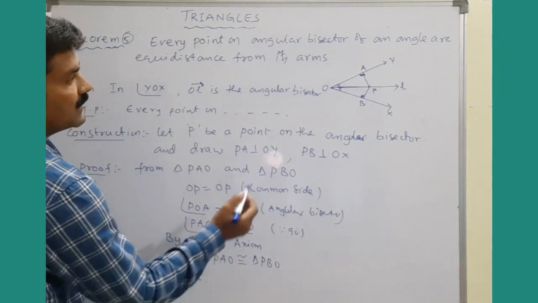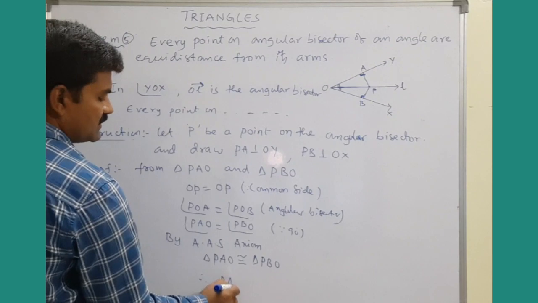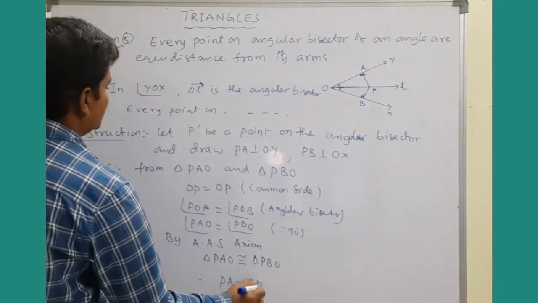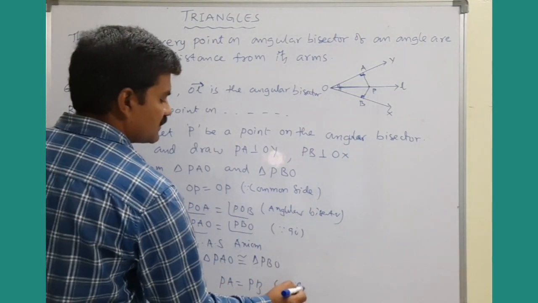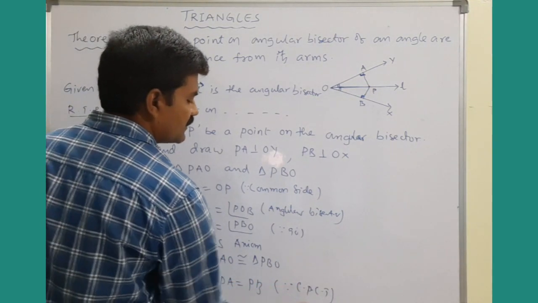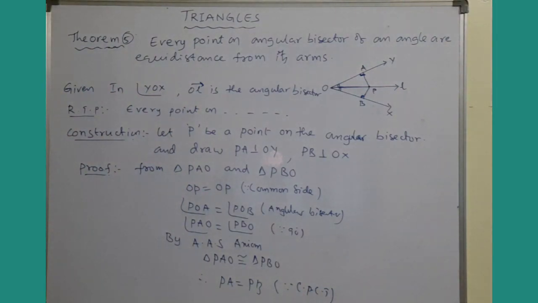Therefore, PA is equals to PB, isn't it? PA is equals to PB because of corresponding parts of congruent triangles. In the same way, you can also try its converse.